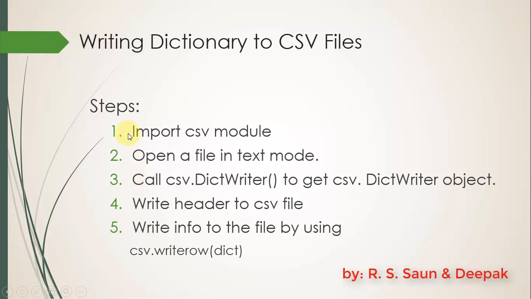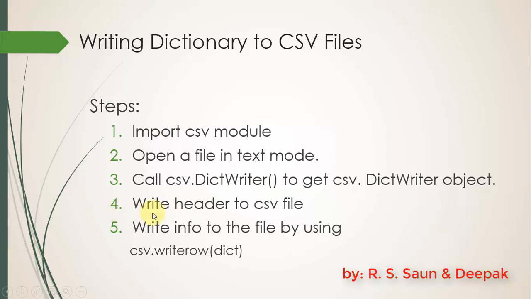Now first step is obviously we need to import csv, and then we are going to open a file in a text mode, and then we are going to receive a dictionary writer object so that we can use this method to write dictionary. And then this fourth step is optional.